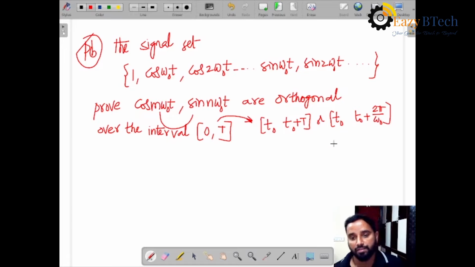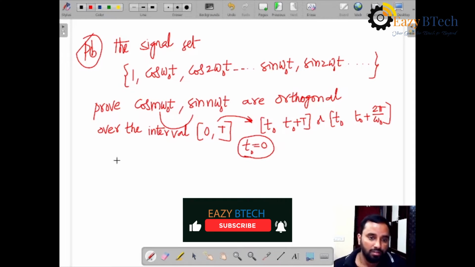All these intervals are the same. So whenever you are doing the solution, take this assumption, t naught equal to 0, for simplicity. So how to prove this, how to do the solution?